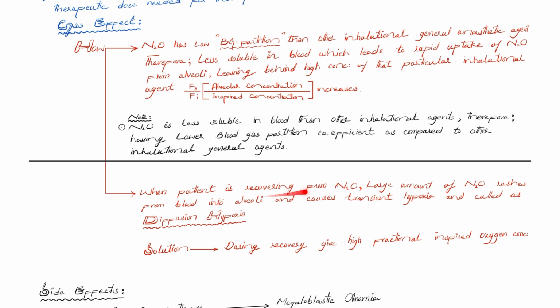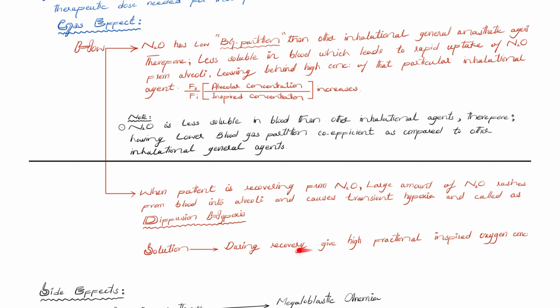When the patient is recovering, you should know that if it has a low blood gas partition, then it must have another problem as well. When the patient is recovering from nitrous oxide, a large amount of nitrous oxide rushes from the blood into the alveoli and causes transient hypoxia, and this is called diffusion hypoxia.